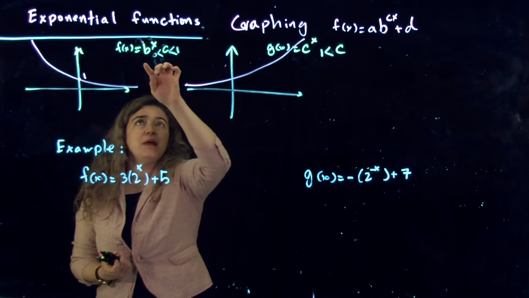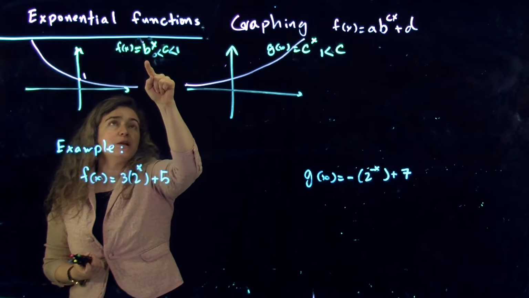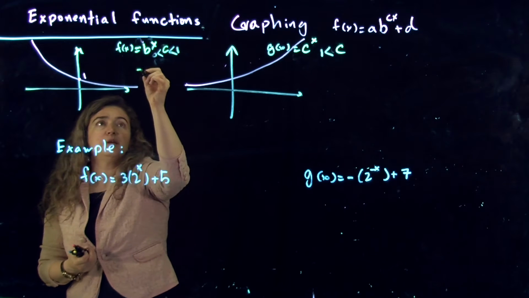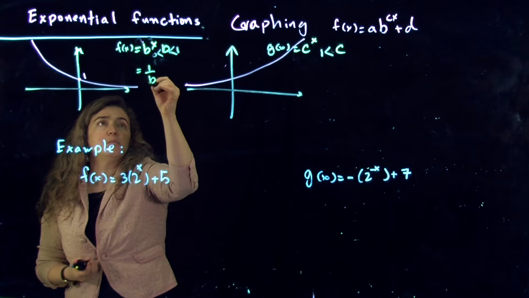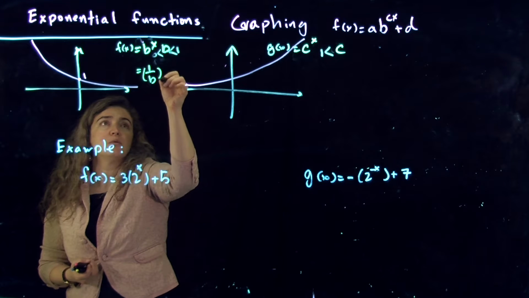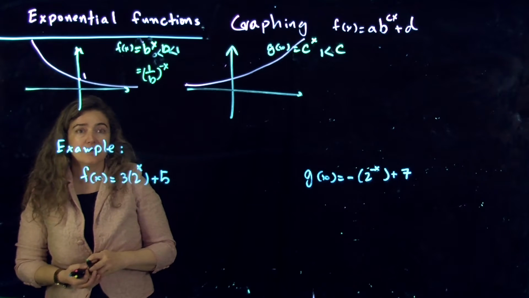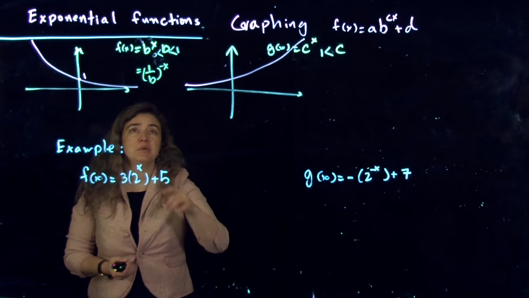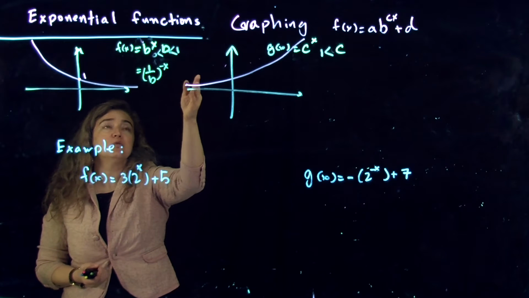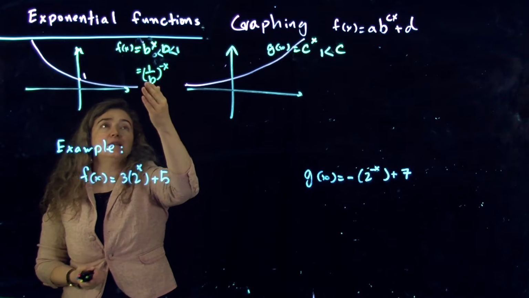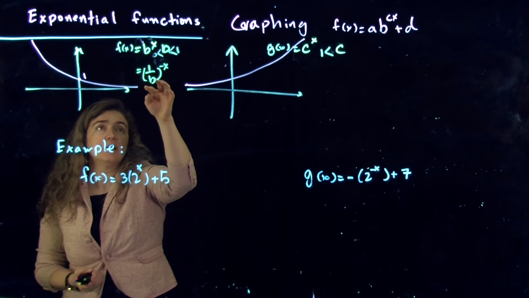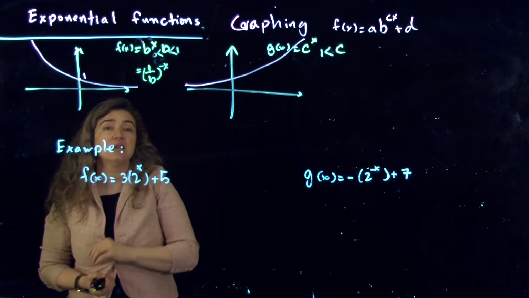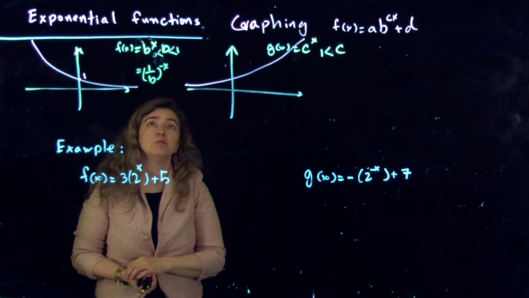And how do they compare? We can rewrite this as 1 over b to the power negative x, and that means that 1 over b is going to be bigger than 1, and it becomes a function with base to the power negative x when the base is bigger than 1.